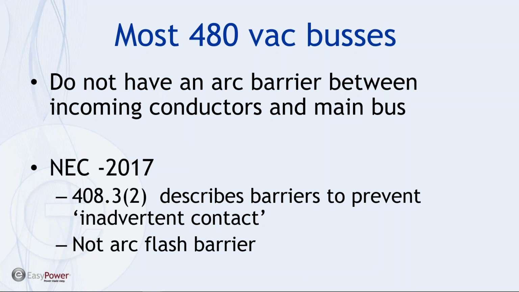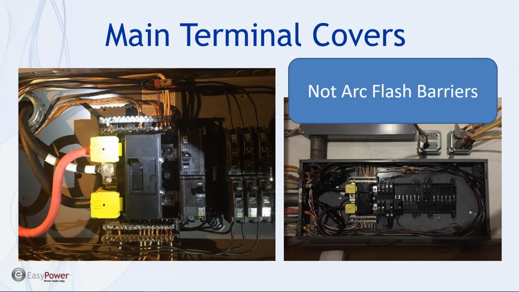Now, sometime last year, I had a response when I went over this point in a webinar online that now the National Electric Code includes a requirement to have a barrier. Well, as it turns out, if you look at Article 408.32, it describes in the NEC barriers to prevent inadvertent contact, but manufacturers will be quick to acknowledge that these are not arc flash barriers.